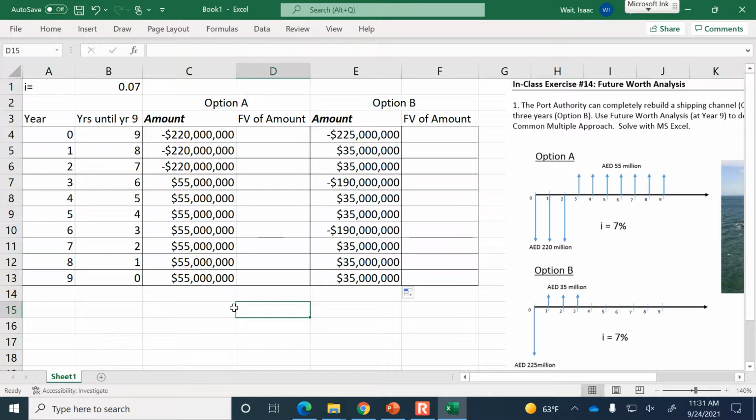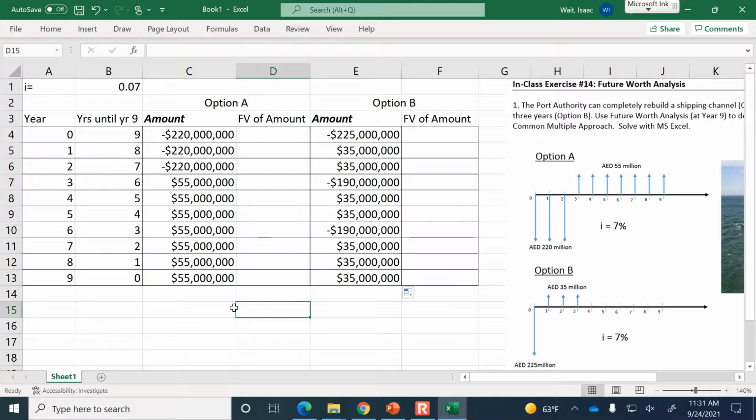Sometimes people, instead of buying the item at year 3, sometimes they buy it at year 4. But the problem is if you buy it at year 4, then you'd have a gap in the revenue. So you buy it in year 4, and then you wouldn't get your next revenue until year 5.